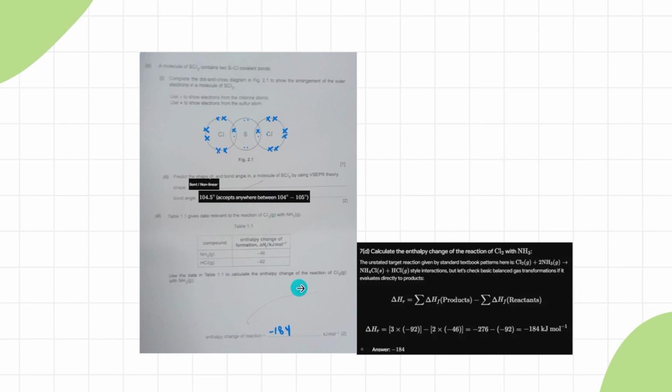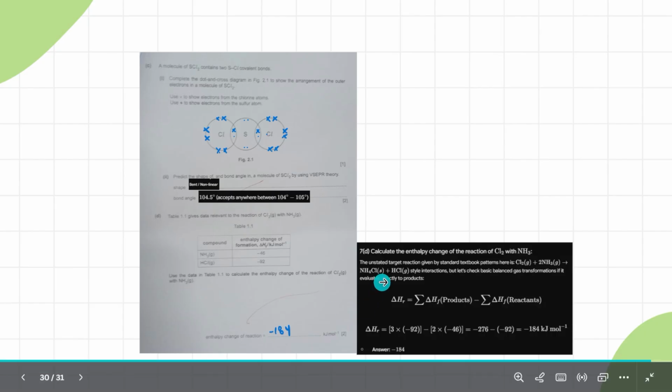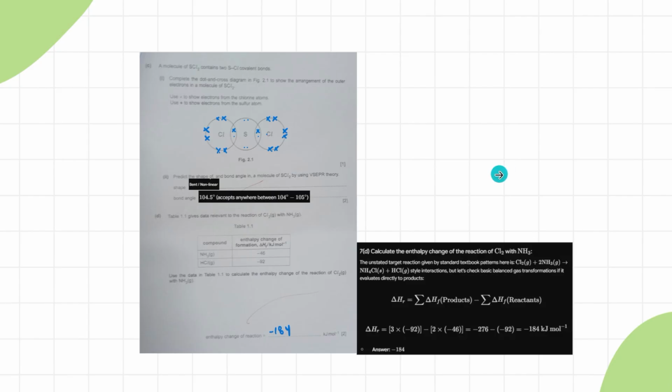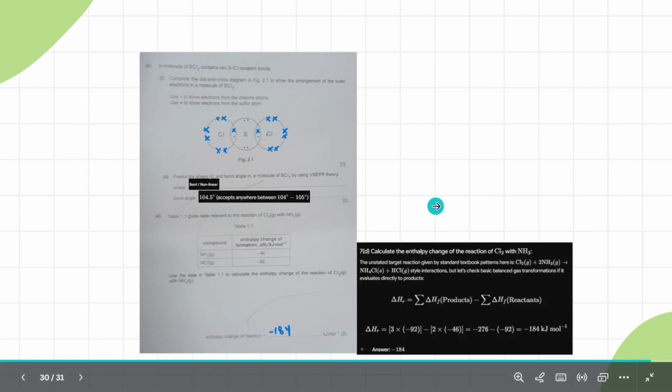Use the data in the table to calculate the enthalpy change of reaction. The reaction given is Cl2(g) plus NH3(g) gives NH4Cl(s) plus HCl(g). So we input all the numbers in the enthalpy change formula and we get minus 184 kilojoules per mole. So this is minus 184 kJ mol^-1.